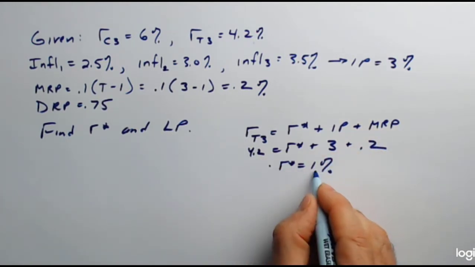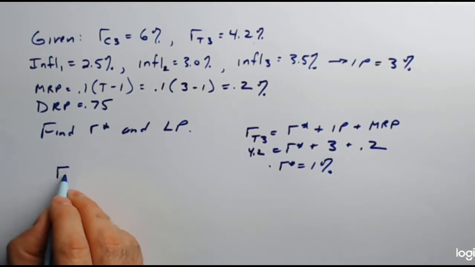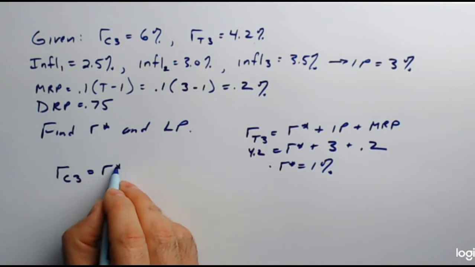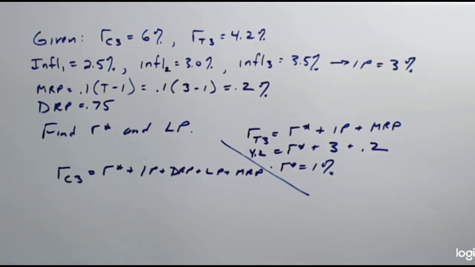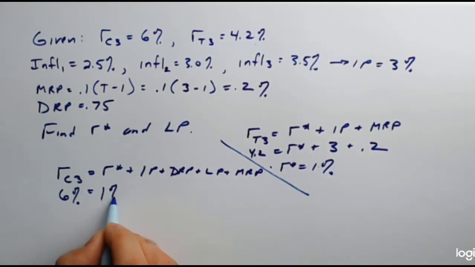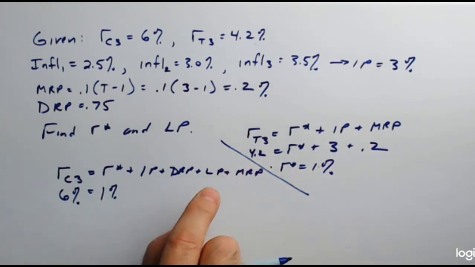Now that we have this information, let's plug it into RC3. That's going to equal 6% as given. We just calculated the 1%. Now keep in mind that in these problems, the opportunity cost of money is the same regardless of the bond, because that's the place where you can put your money.